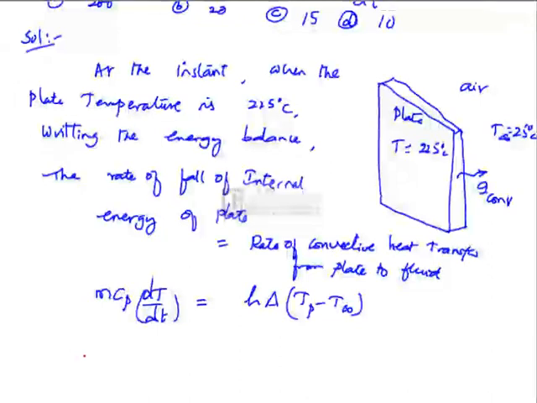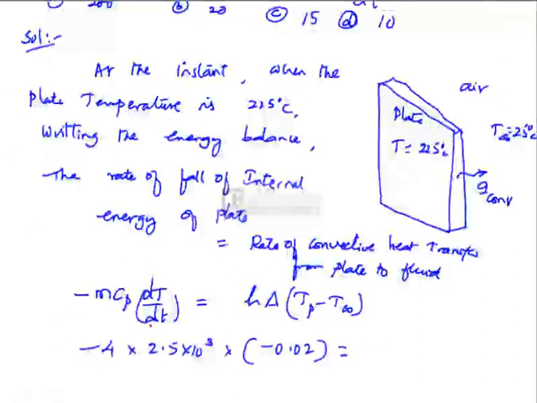The mass of the plate is already given as 4 kg. 4 into specific heat is given as 2.5 kilojoules. Let us convert into the joules. dT by dt is given as minus 0.02.